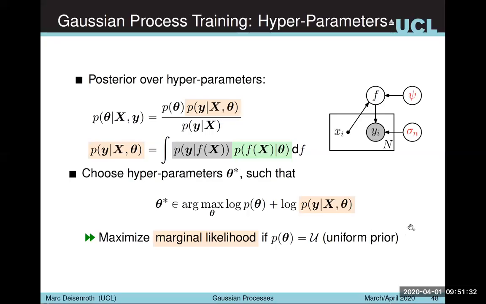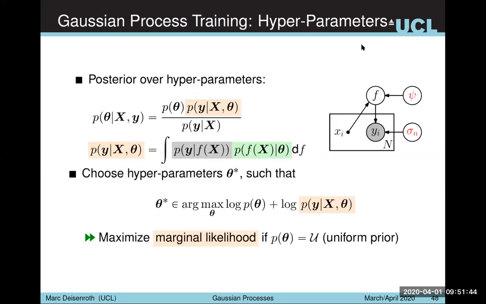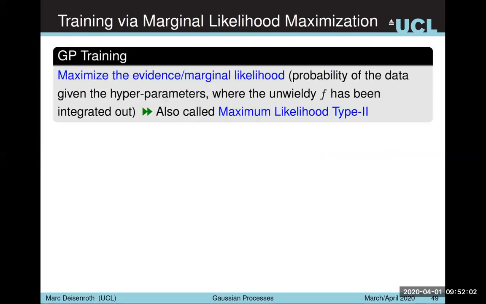So let me go back here. This is the setting that we had. We found a correspondence between maximizing the likelihood in the linear regression setting and maximizing the marginal likelihood in the Gaussian process setting.